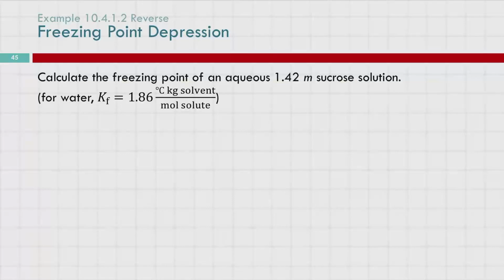We want to calculate the freezing point of an aqueous 1.42 molal sucrose solution. For water, Kf is 1.86 in a whole mess of units. But it's not actually a whole mess of units.